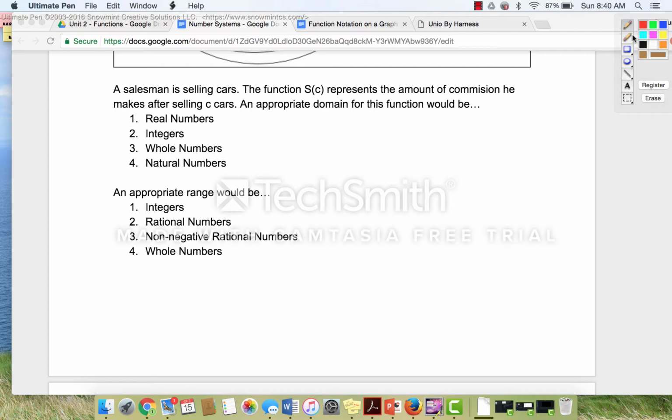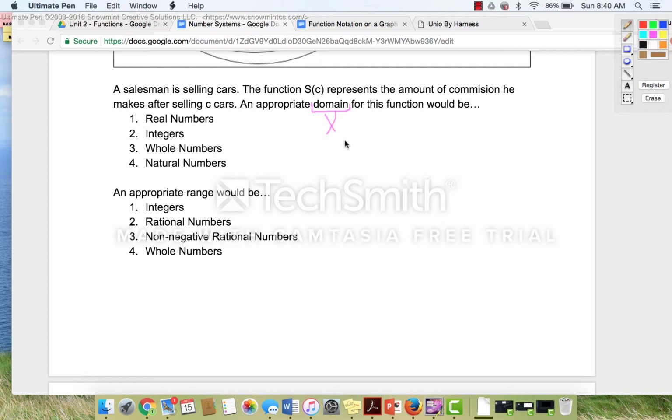All right. When I'm looking at this problem, my first thing that I'm thinking is I want to know, what am I looking for? I'm looking for an appropriate domain. Well, domain corresponds to my x values. So I'm looking for x values for this function. Well, let's see what the context of my x values are.